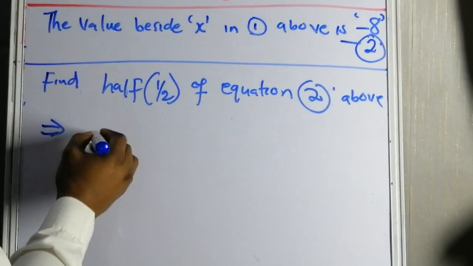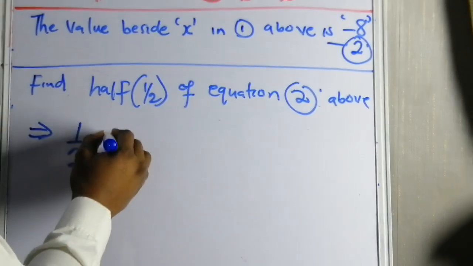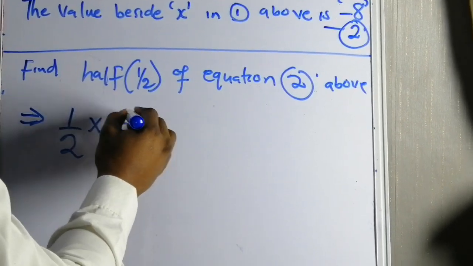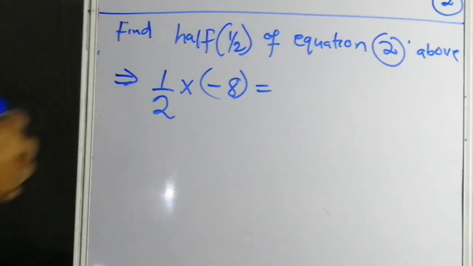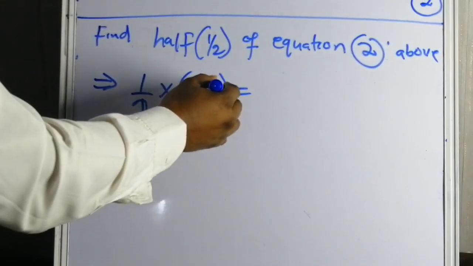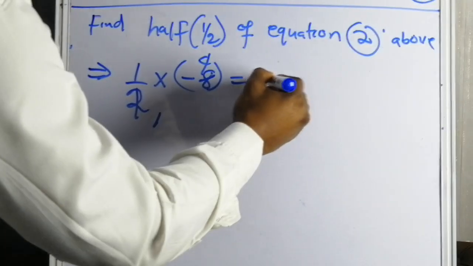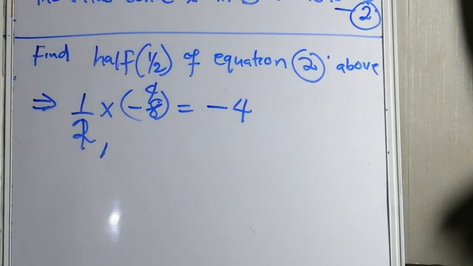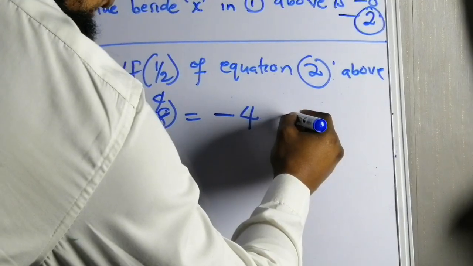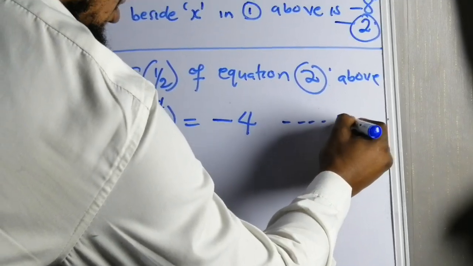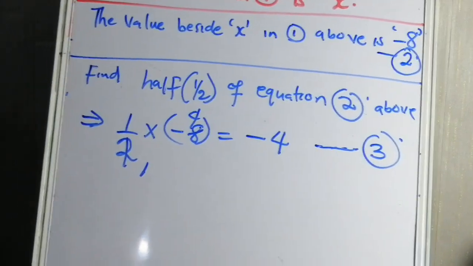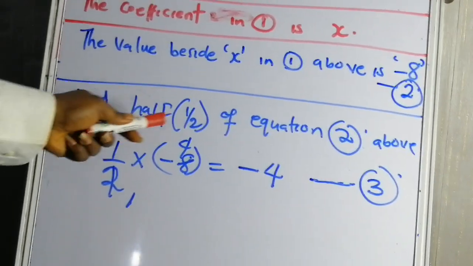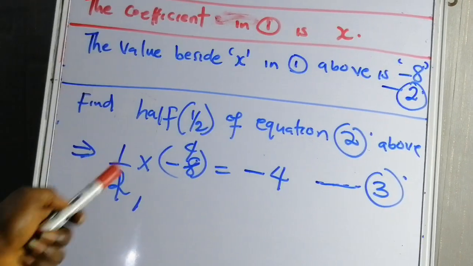That implies half times minus 8. Okay, half times minus 8: 2 into 8 is 4, which is what? Minus 4. The answer is minus 4. So this is equation 3. Very simple. Find half of equation 2 above.